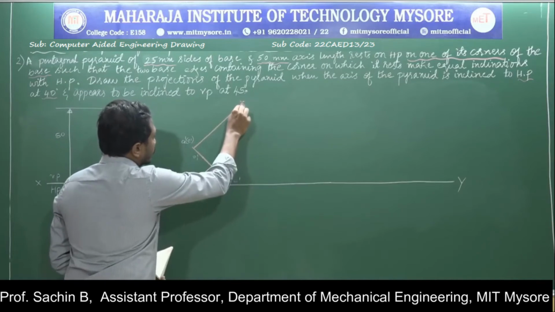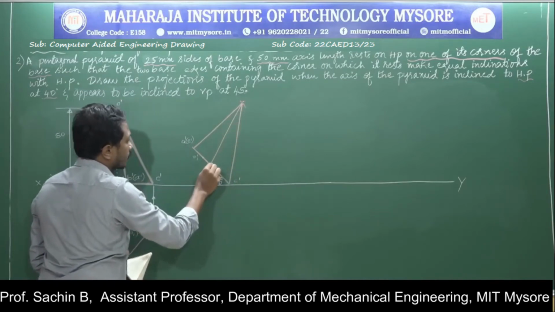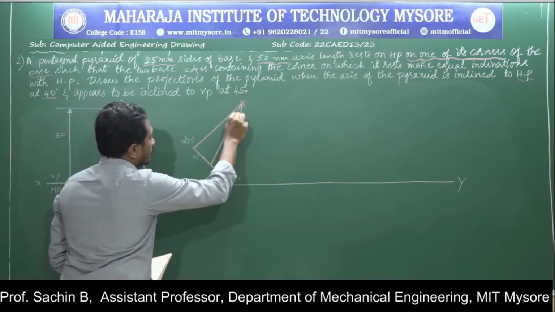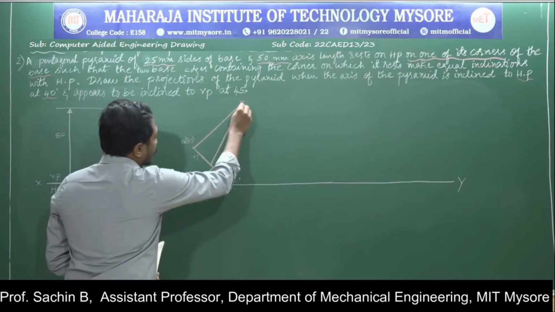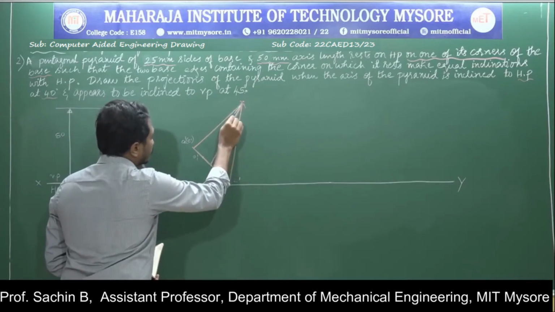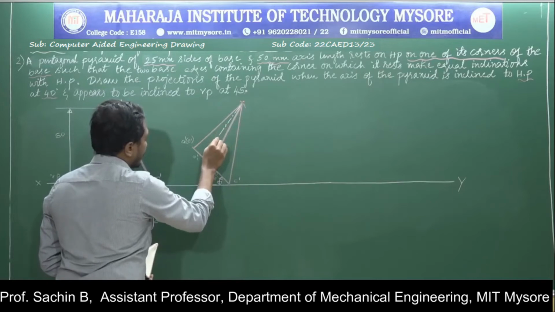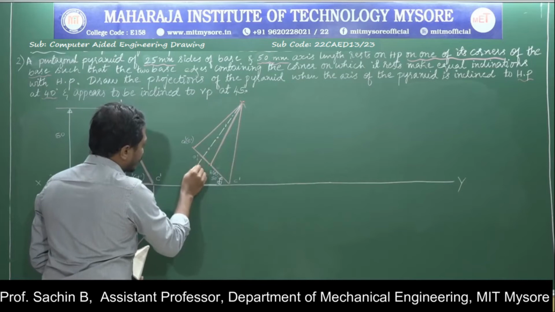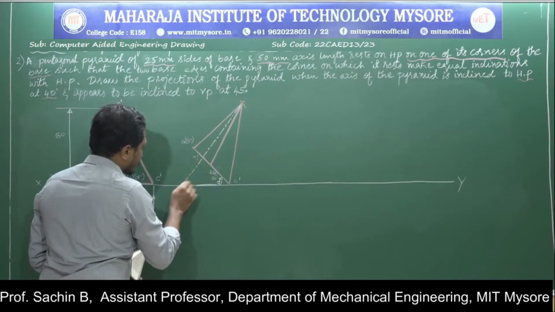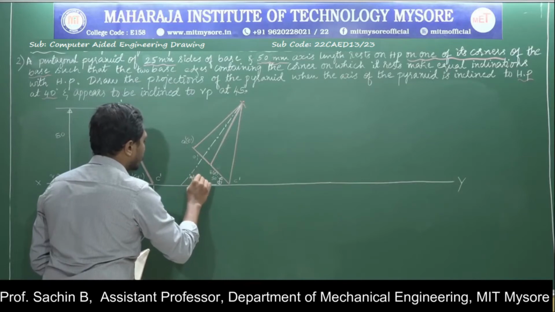Next, one more edge is available for us. And next I will join the axis. If I extend this, this is exactly 40 degrees now.